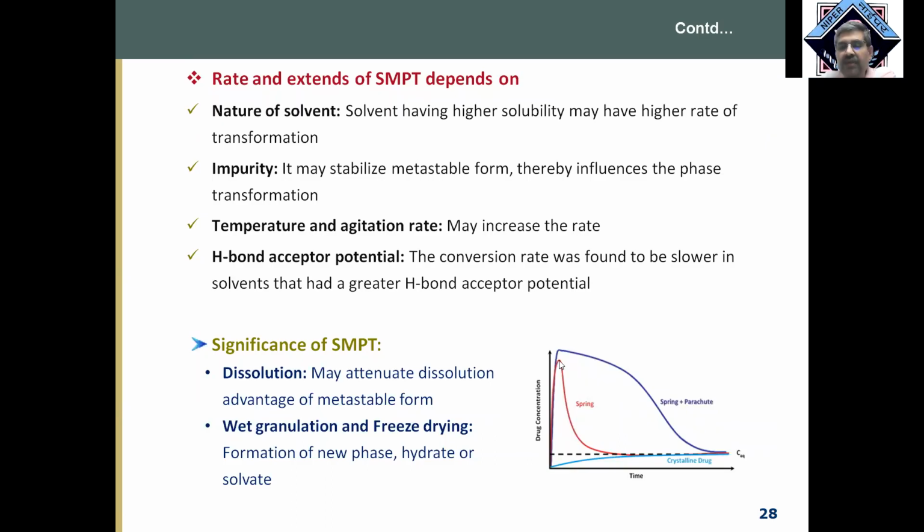So the solubility advantage of the metastable form will be lost and it will become equal to that of the stable polymorphic form. However, if the SMPT is rather slow, like in this case, this is called the spring plus parachute effect, and it may give us certain biopharmaceutical advantages in terms of higher bioavailability due to the higher solubility.